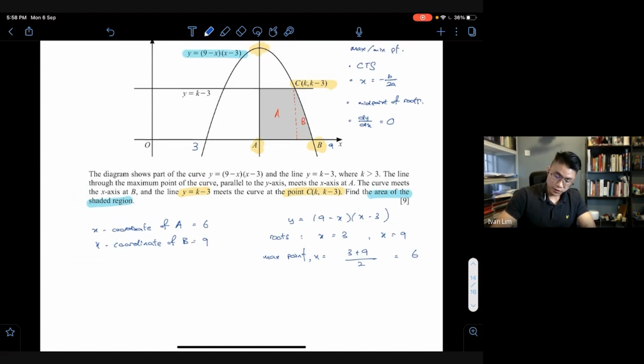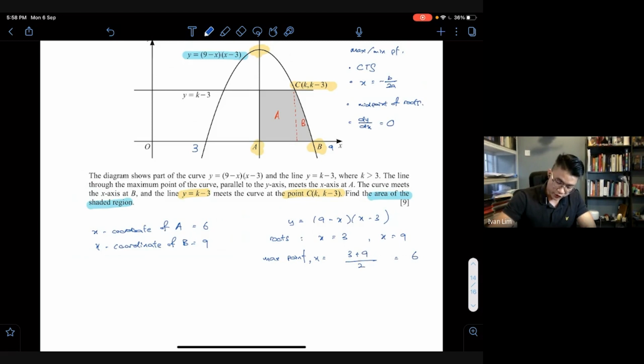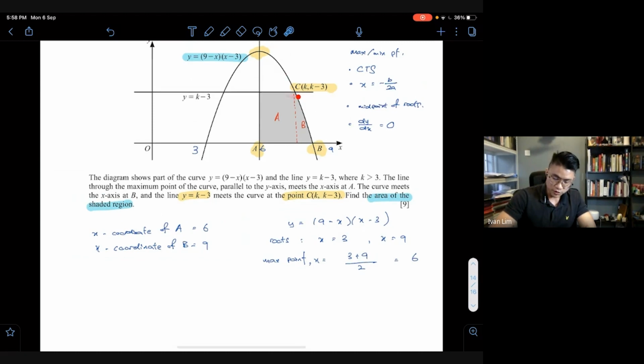Okay, then the next thing, I have this 3, I have this 9. I also have this 6. What's one more point that I need? This point here, because I need C. What can we see here? C intersects with the line y equals k minus 3.